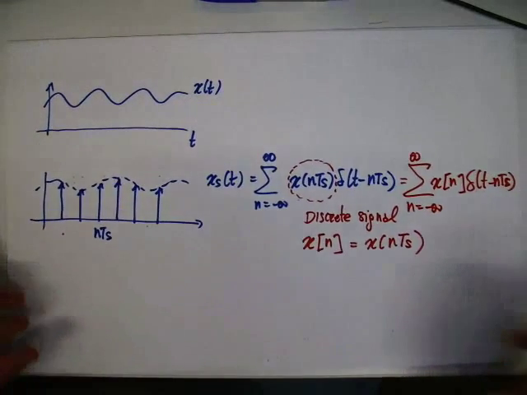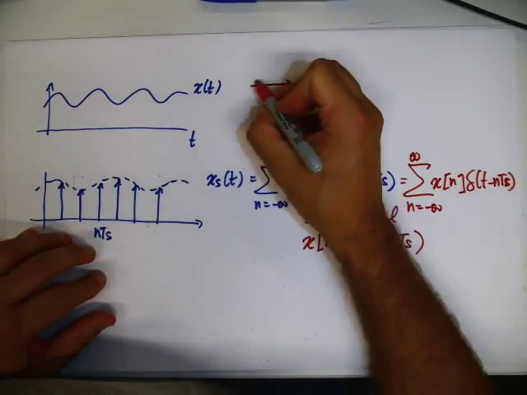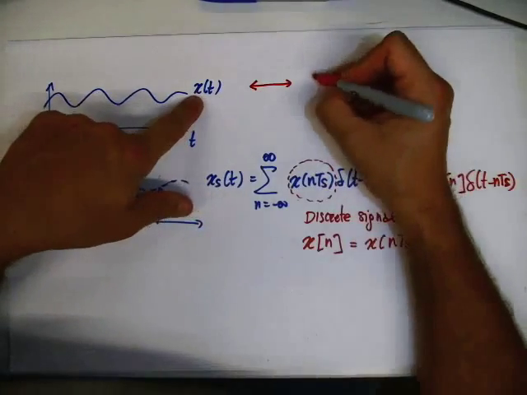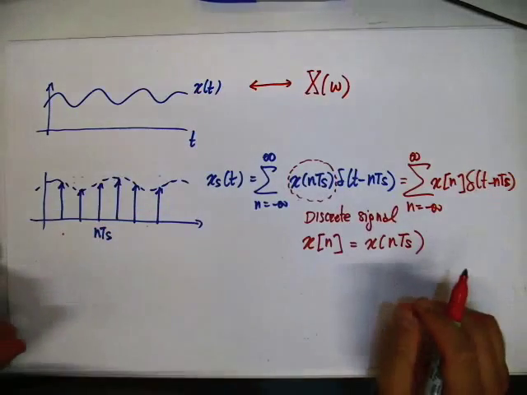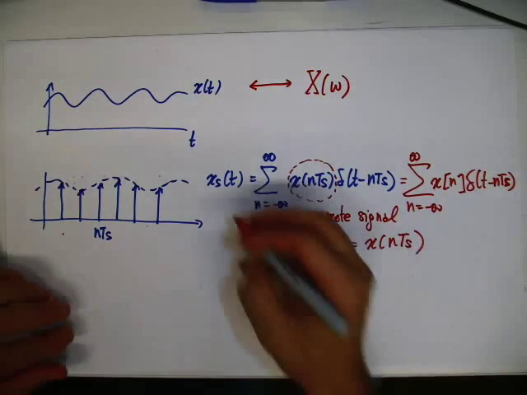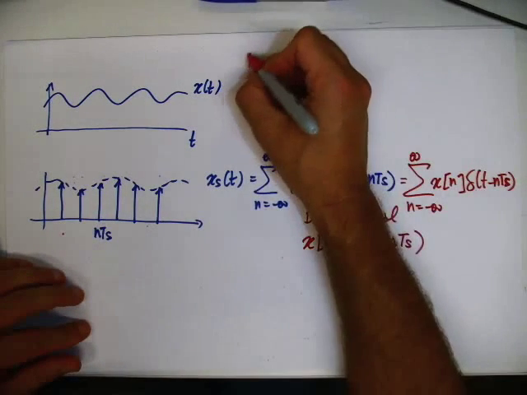Okay? What we have seen is that if we define the Fourier transform of the continuous signal as capital X of omega, this is the Fourier transform.